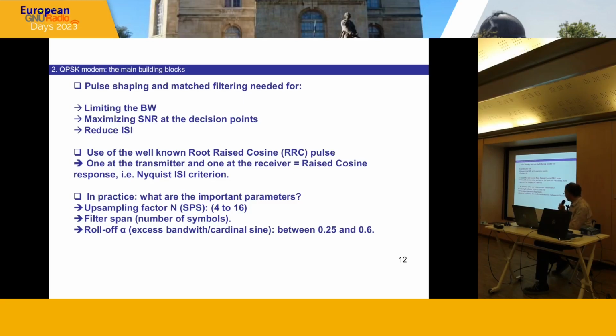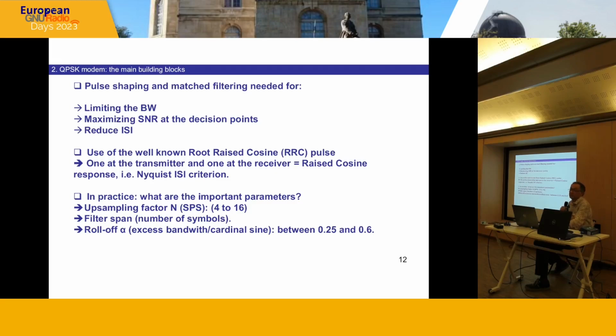In fact, the important parameters: first is the upsampling factor, in samples per symbol. Practically you would go from 4 to 16. If you look at the implementation in GNU Radio, it implements a polyphase filter by default, and it goes up to 2,500 coefficients at the end. For me, that's too much.